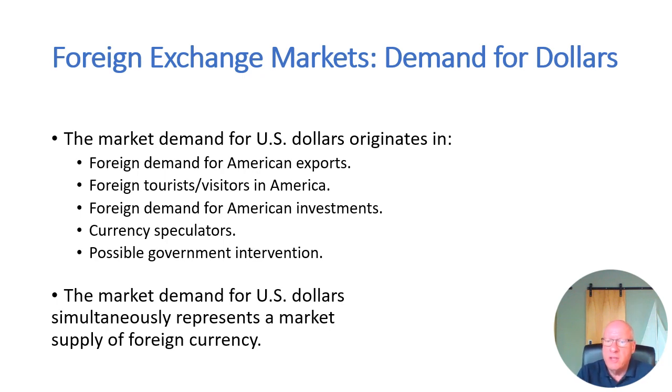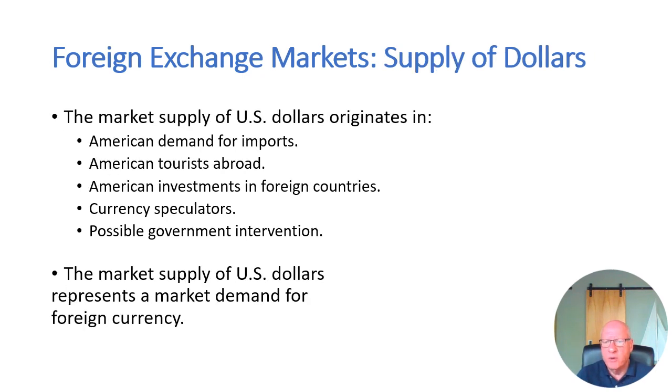They will demand the US dollars, but they supply their domestic currency, which would be foreign to us. The foreign currency, the Mexican peso, gets supplied to the market in order to demand the US dollars. So every demand for one currency is simultaneously a supply of another currency in the foreign exchange market.